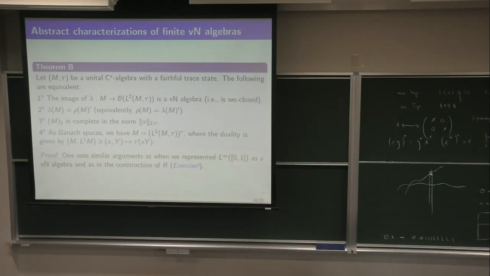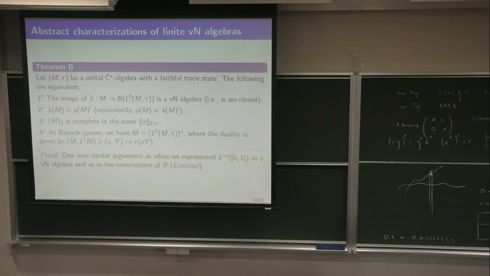Anyway, in a way this includes Sakai's theorem. So I'm taking a C-star algebra with a faithful trace tau, but I'm using the notation M because we will axiomatize it as von Neumann algebras. So the following are equivalent. One: the image of lambda, which we define as that left multiplication.